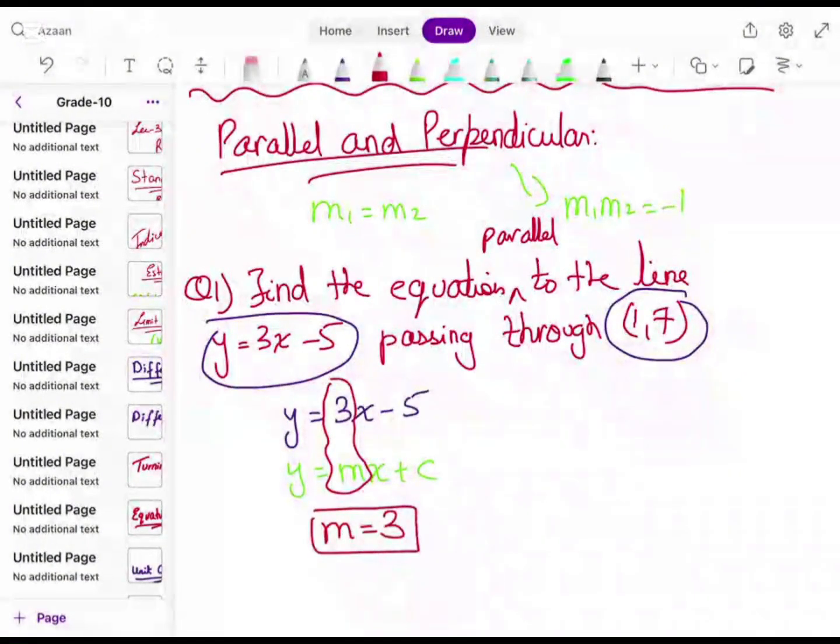By comparing with the general equation of a straight line, we got the gradient, that is 3. But we will not compare c with this. Never. Why am I comparing to find the value of m? Because I know that the lines are parallel, so the slope will remain the same for both lines.